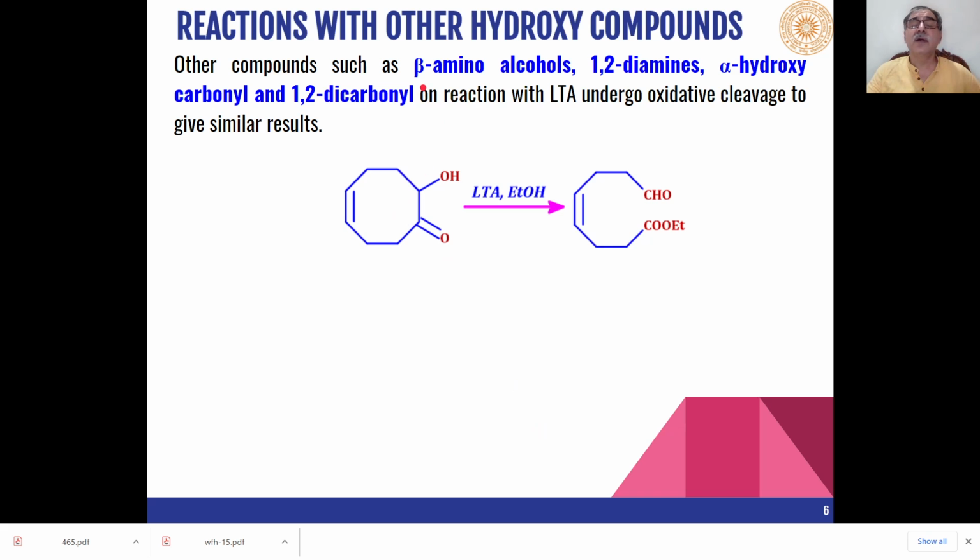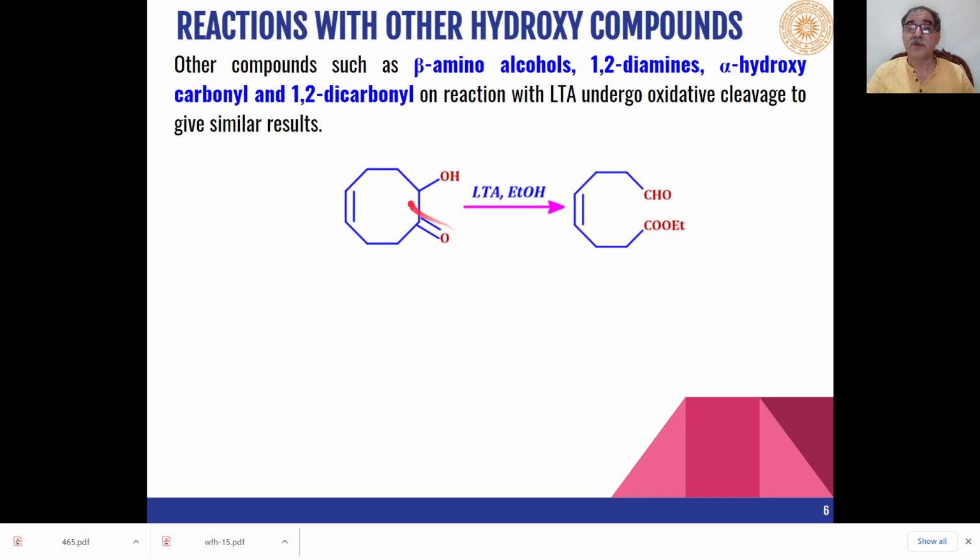Then if one of the hydroxyl groups is replaced by, say, an amino group, we get beta amino alcohols, or 1,2-diamines, or alpha hydroxy carbonyl compounds, or 1,2-dicarbonyl compounds. They also react with lead tetraacetate, and by a similar mechanism the cleavage of this bond will take place to give us similar dicarbonyl compounds.